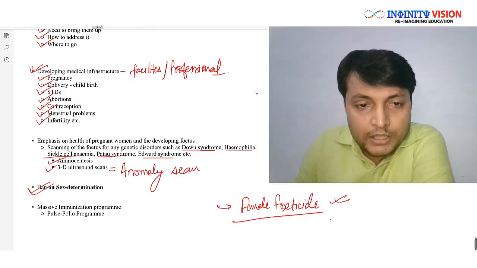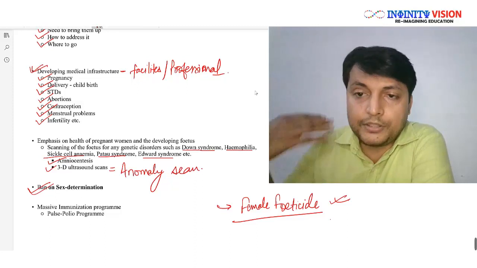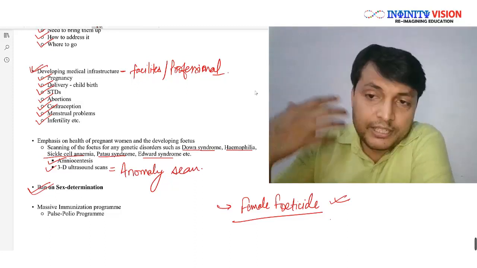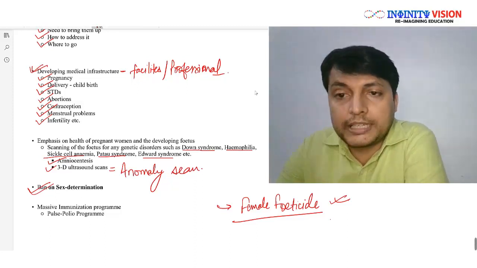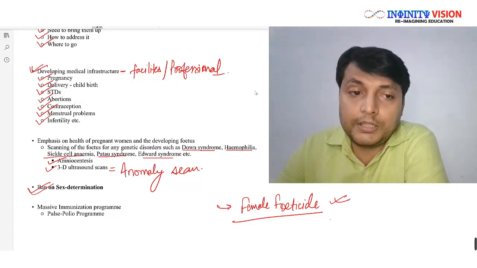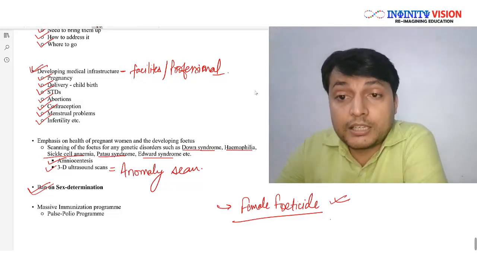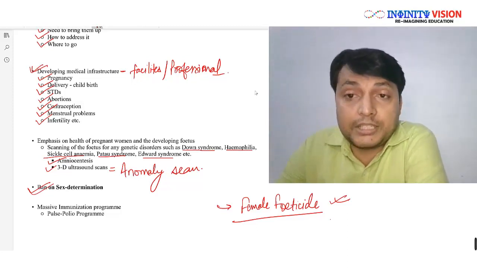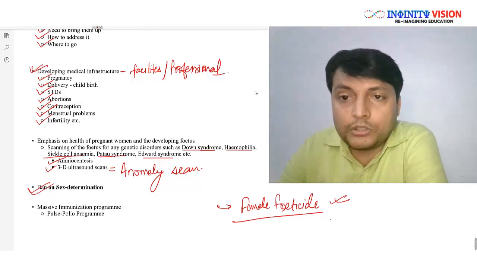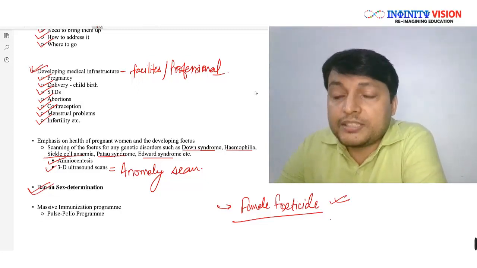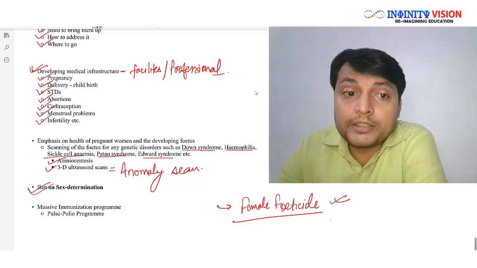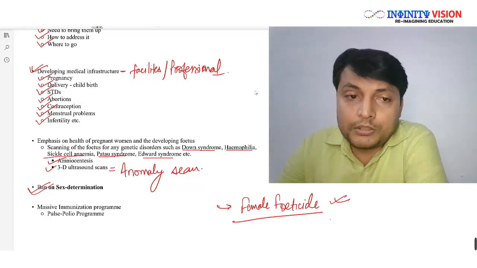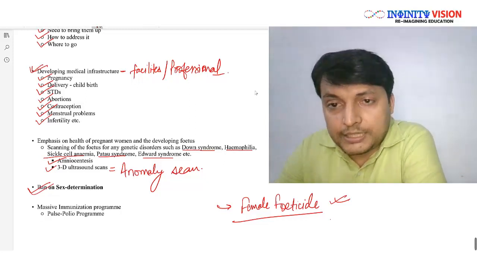In this scan, by looking at the shoulder area and the neck area, the doctor can judge if the fetus can probably have some genetic disorder or not. If he or she has chances of a genetic disorder, then the doctor can go for amniocentesis.